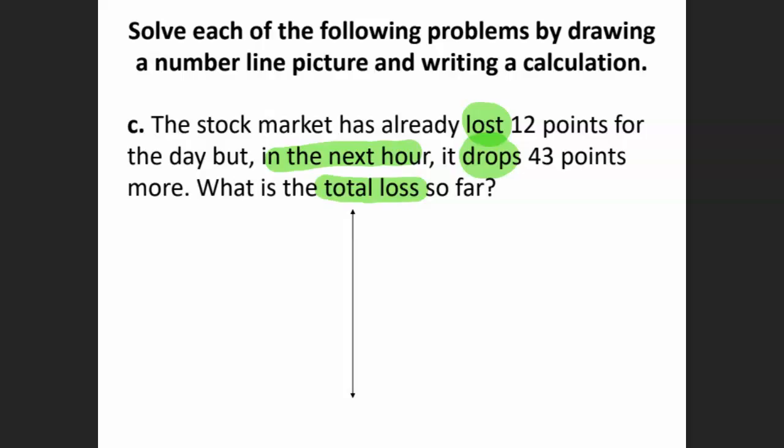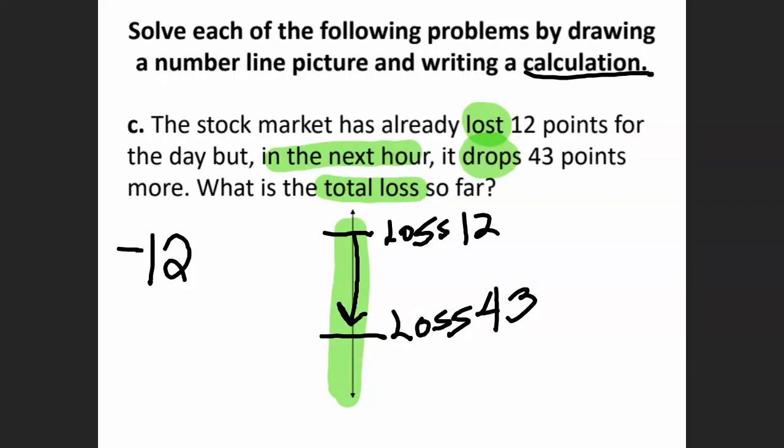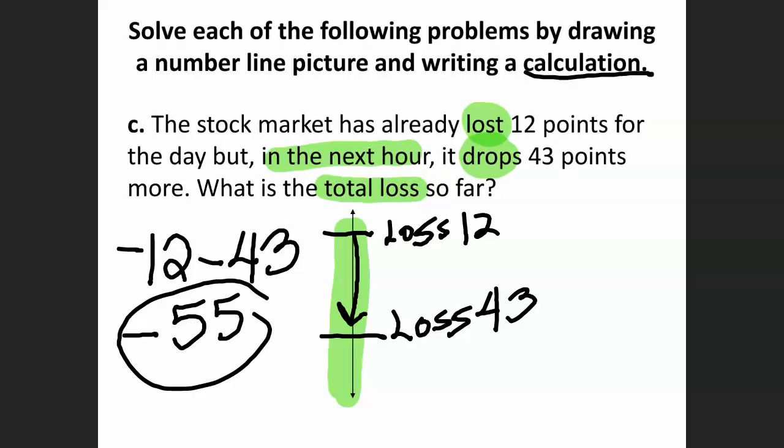If you want to use this number line, basically we are starting with a loss of 12. But then we're losing, again, 43 points. The calculation is negative 12 minus 43, or a negative 55. This is the math.